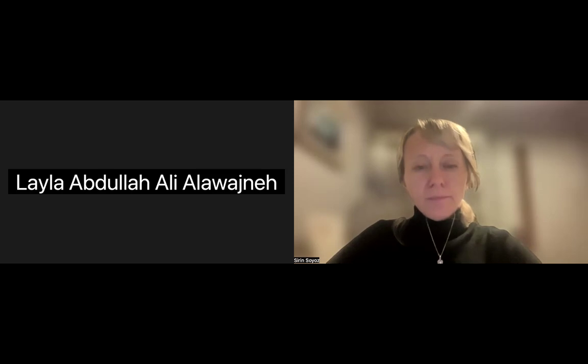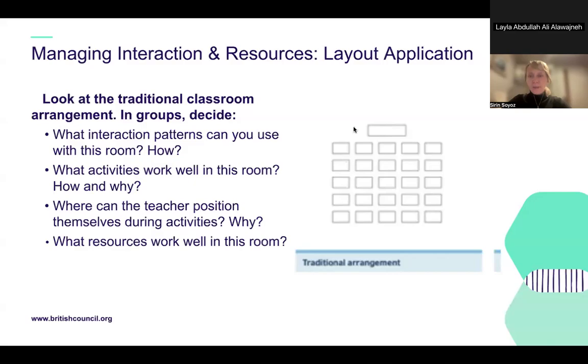All right, then finally, let's look at that last and most common layout, the traditional classroom.